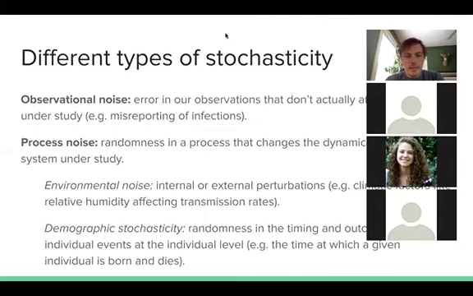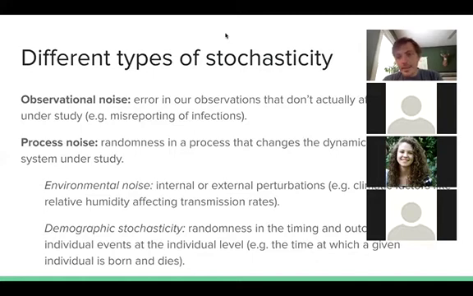And so we're going to use these terms operationally. When I say environmental noise, what I really mean is that there's some internal or external perturbation changing a particular parameter or the rate at which a particular process is happening in our system. A good example would be climatic fluctuations in a variable, say relative humidity or temperature, that might be affecting the transmission rates of a respiratory pathogen or a foliar pathogen on a plant.